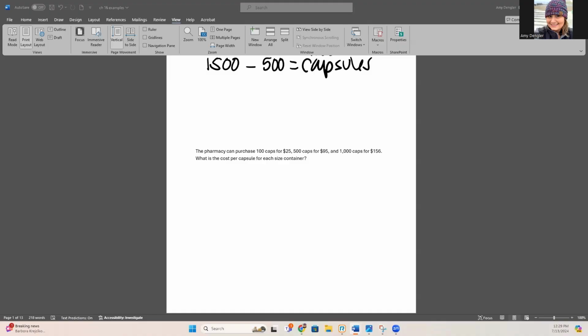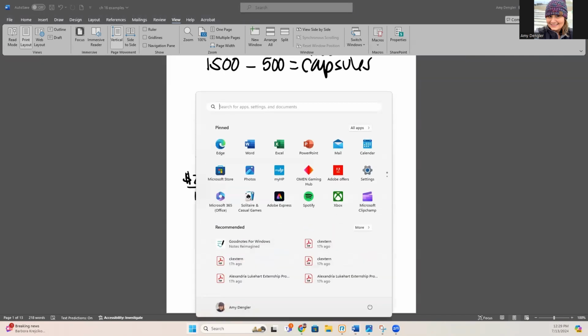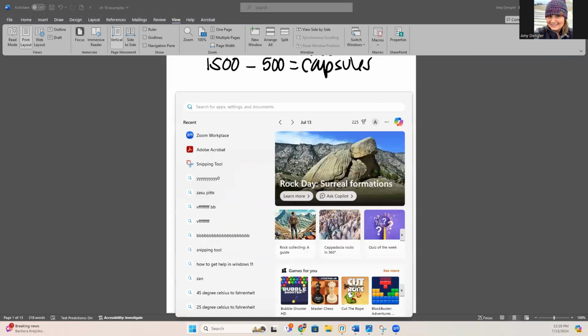Next part says the pharmacy can purchase 100 caps for $25, 500 caps for $95, and 1,000 caps for $156. What is the cost per capsule of each size container? So we would do the 25 over 100, and we would basically want to turn this into a decimal. To do that, we just need to divide the numerator by the denominator.